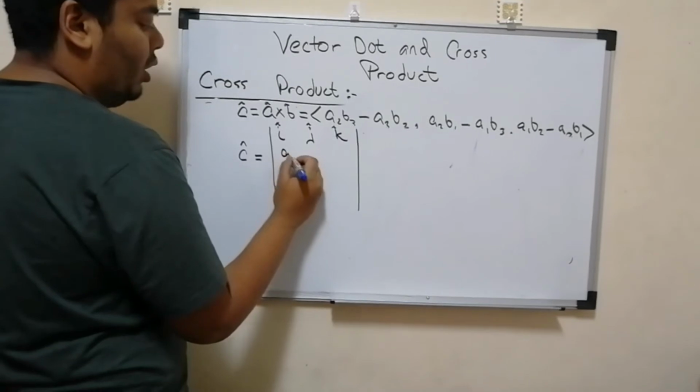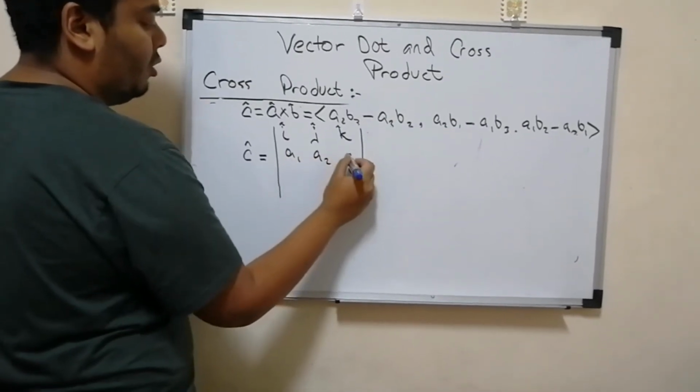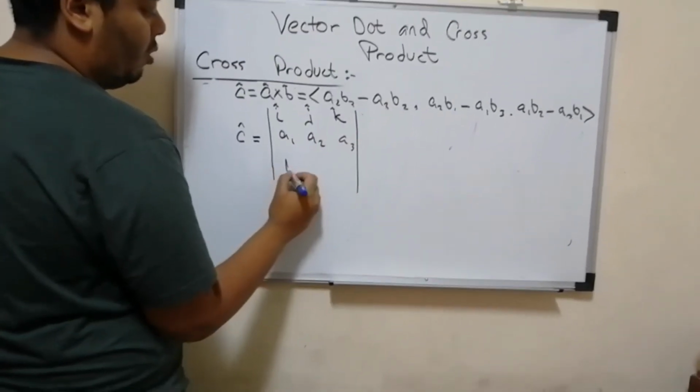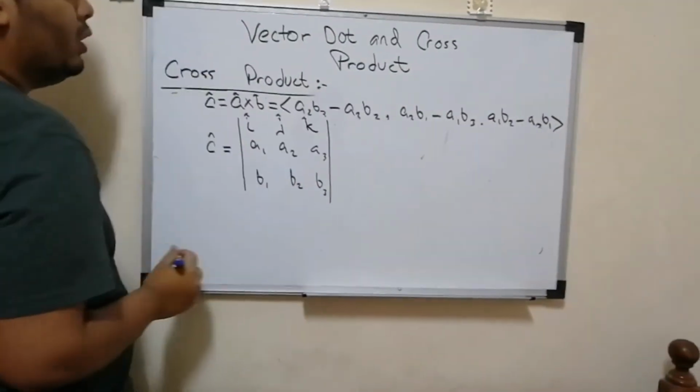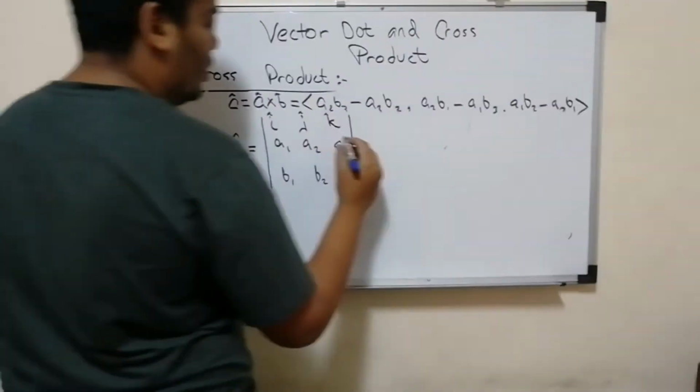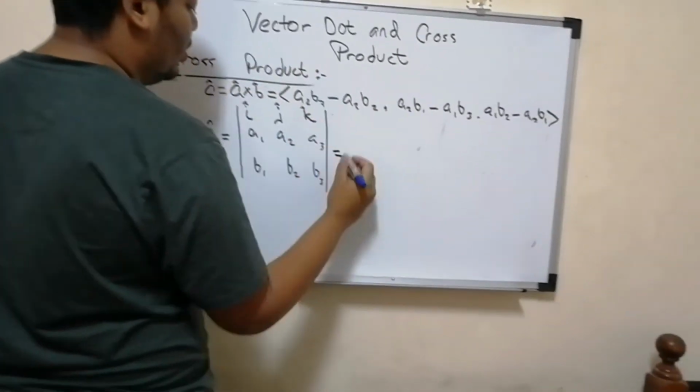It will be A1, A2, A3, B1, B2, B3, which will give us the same thing as here, but I'll just write.